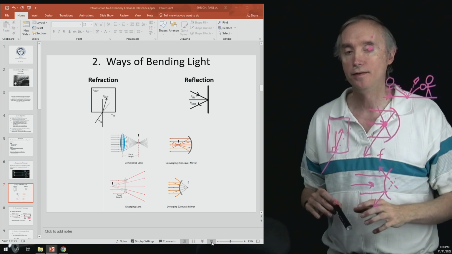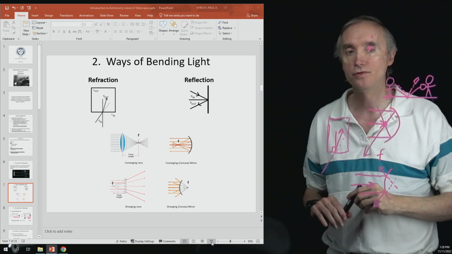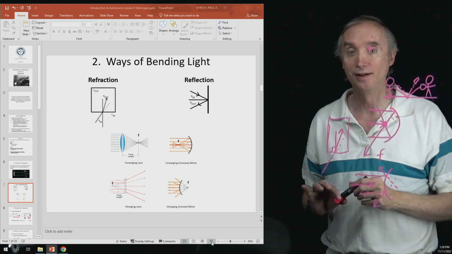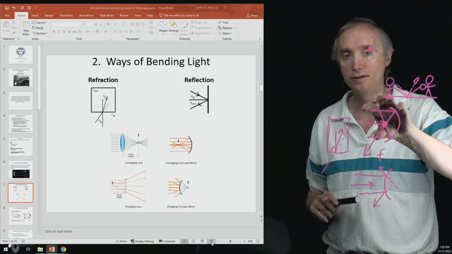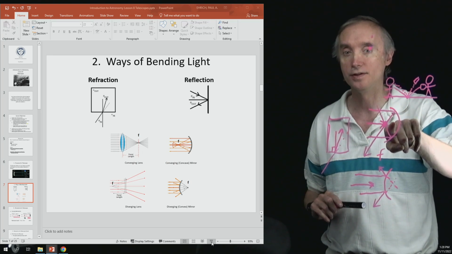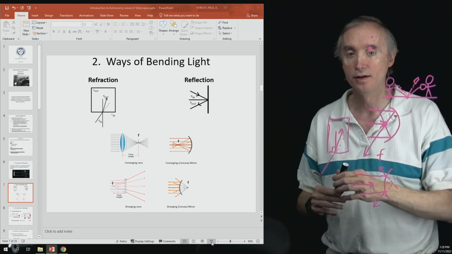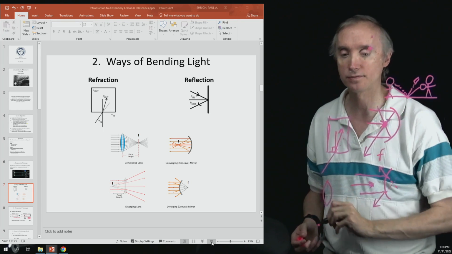And in the same way that we've got two different kinds of mirrors, we can have two different kinds of lenses. The lens that is kind of like the converging mirror is the converging lens, and it is going to be shaped like this.